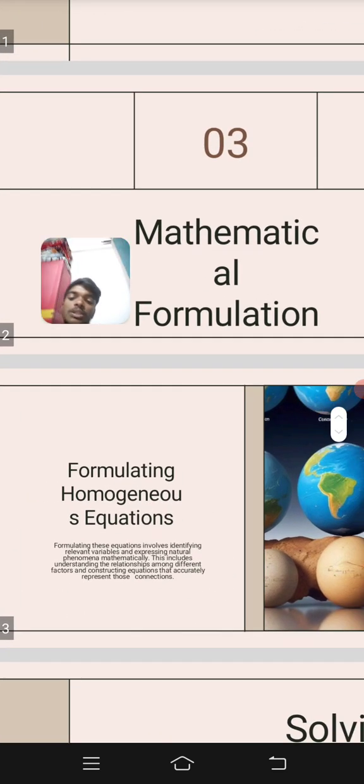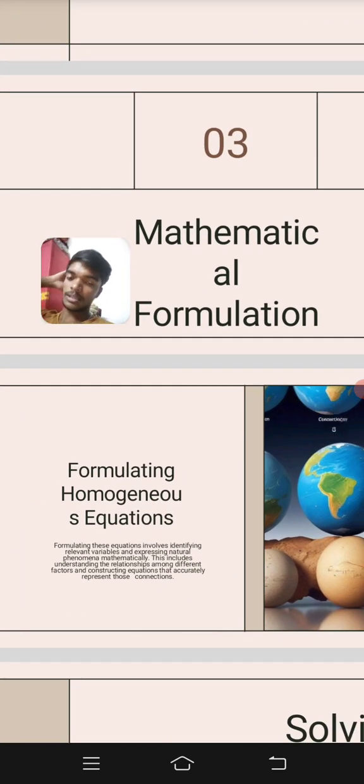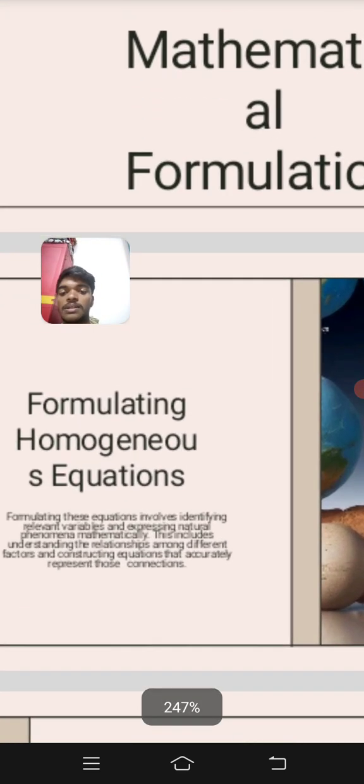Mathematical formulation. Let's now know the mathematical formulations. Formulating homogeneous equations. Formulating these equations involves identifying relevant variables and expressing natural phenomena mathematically.